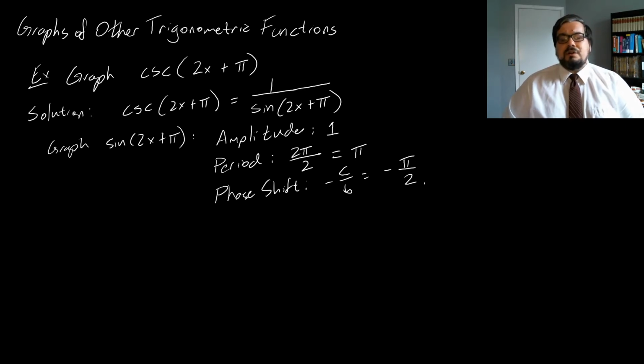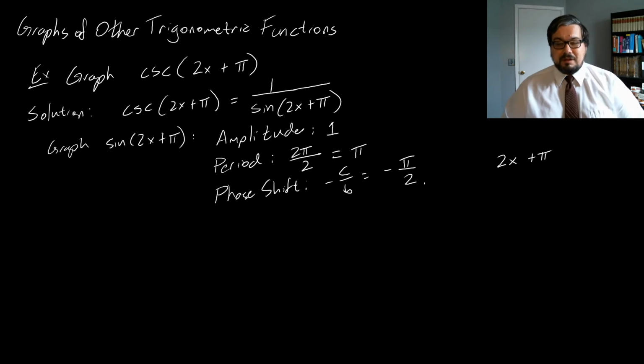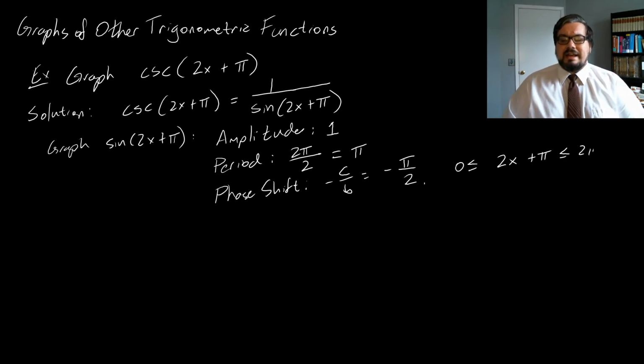We can also do the following. One thing that's often helpful is to take the expression that's inside your trigonometric function and place it inside an interval containing a standard period, one full period of sine. So we know sine goes on its standard movement of 0 to 1 to 0 to -1 back to 0 over the interval from 0 to 2 pi.